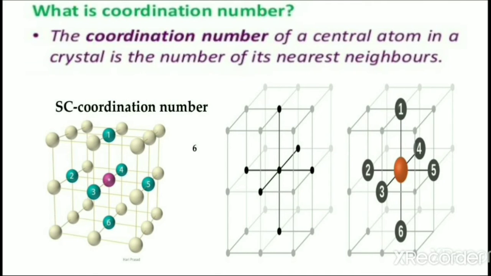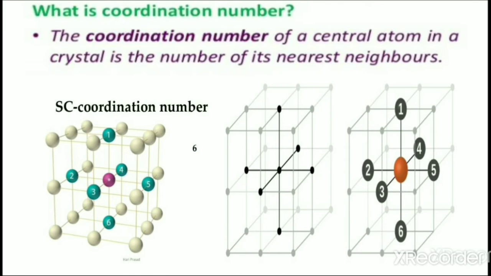Okay, let us learn about coordination numbers. The coordination number of a central atom is defined as what? The coordination number of a central atom in a crystal is the number of its nearest neighbors. See students, in the case of a simple cubic crystal lattice, the coordination number is equal to 6.